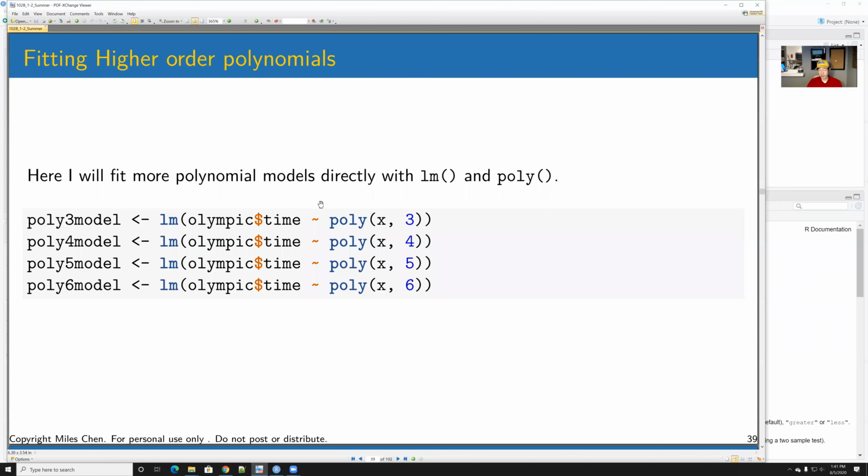This can be done very quickly by just calling lm for the relationship between time and poly x, third order, fourth order, fifth order, and so on. So I'm going to create a whole bunch of these different models without having to actually take each of these x columns and raise them to a higher order.